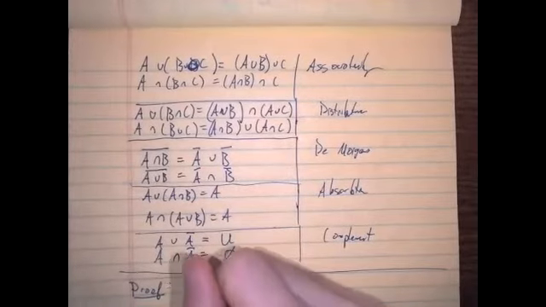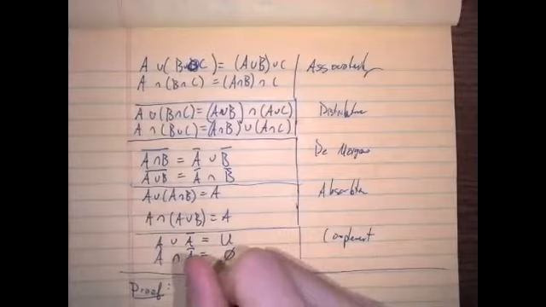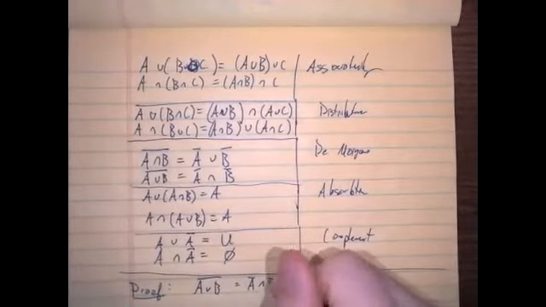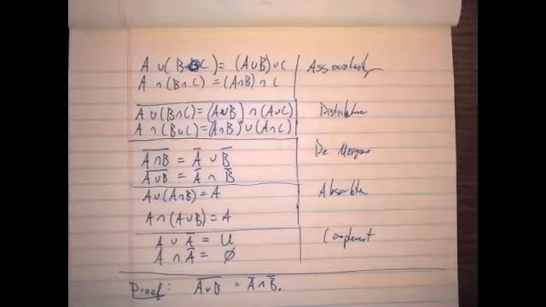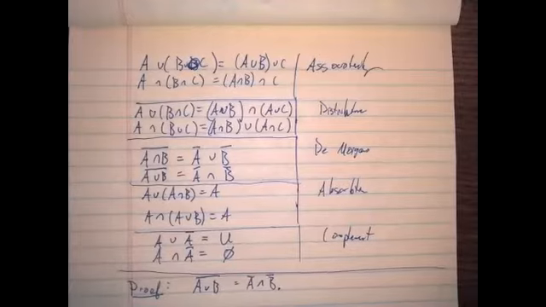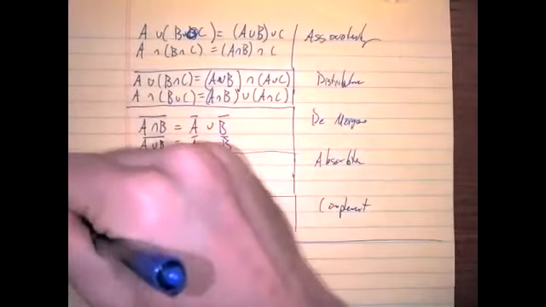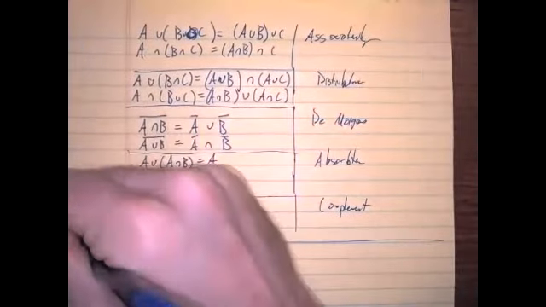Let's prove that (A union B) complement is equal to A complement intersect B complement. Okay, first rule is, how do I prove an equality of sets?